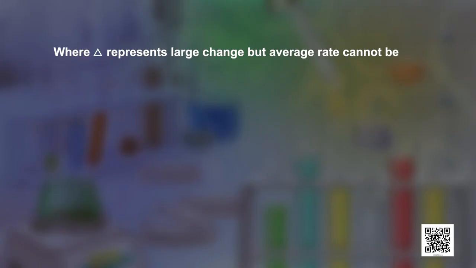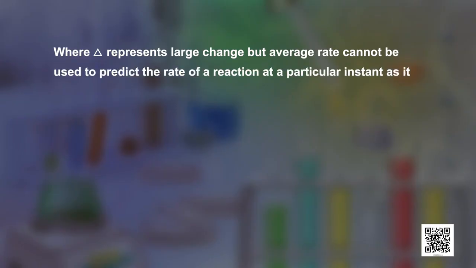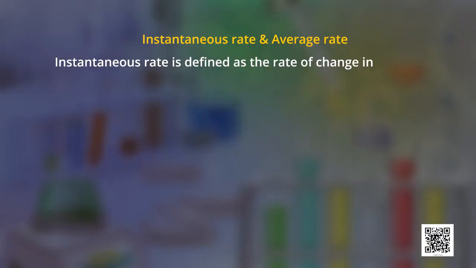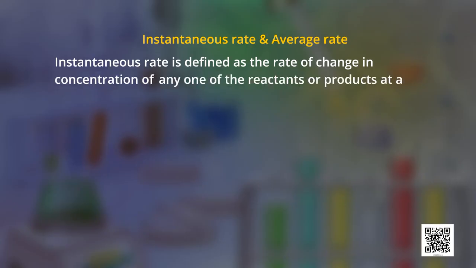but average rate cannot be used to predict the rate of a reaction at a particular instant, as it would be constant for the time interval for which it is calculated. So, to express the rate at a particular moment of time, we determine instantaneous rate. Instantaneous rate is defined as the rate of change in concentration of any one of the reactants or products at a particular time.